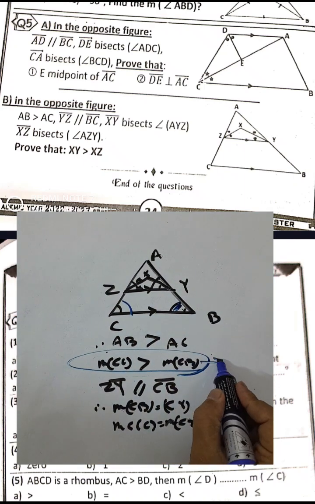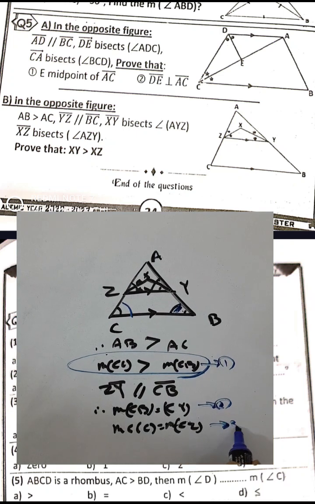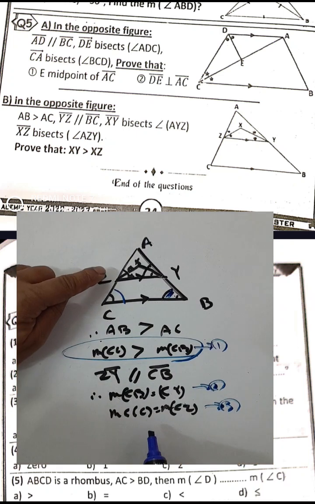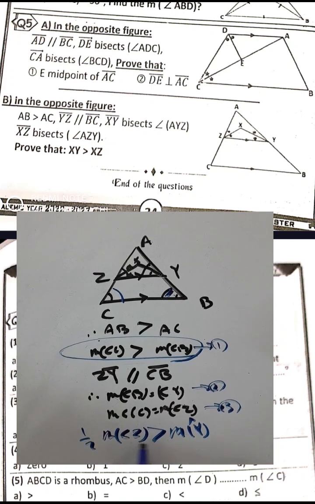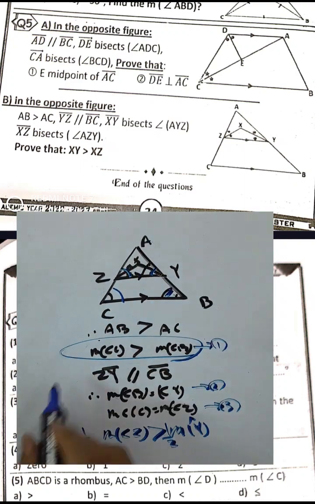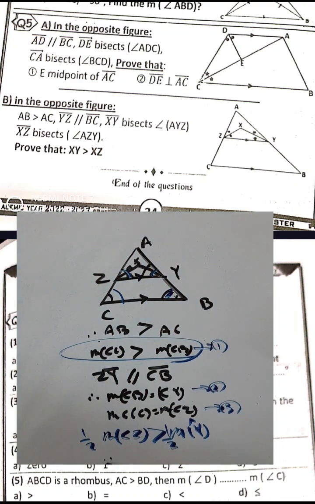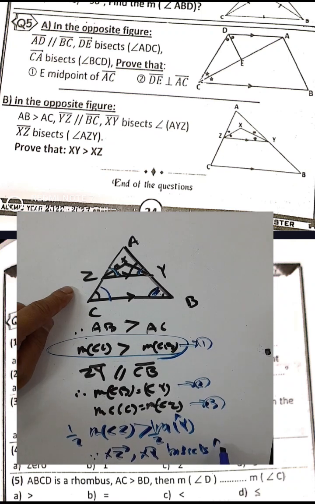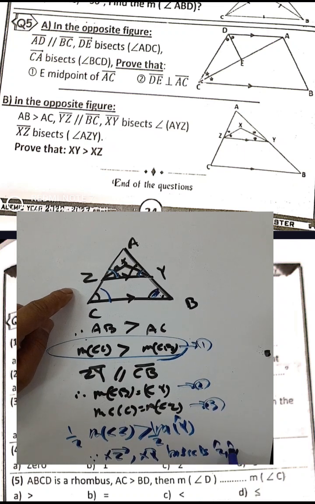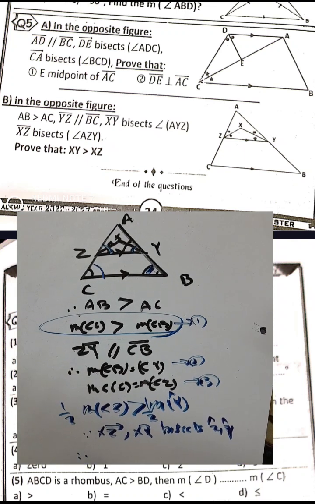Then from this relation number 1 and 2 and 3, we can write measure of angle Z greater than measure of angle Y, and then you can divide it by 2 here and here. Then half of measure angle Z will be greater than half of measure of angle Y. Why? Because XZ and XY bisect angles Z and angle Y. Then you can find what?